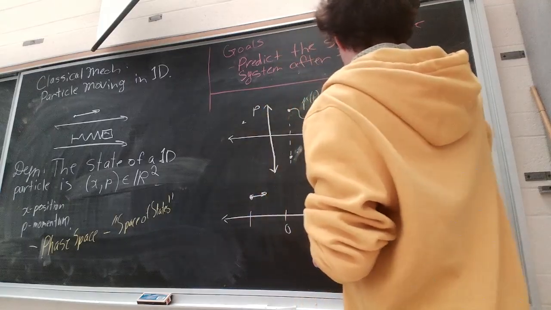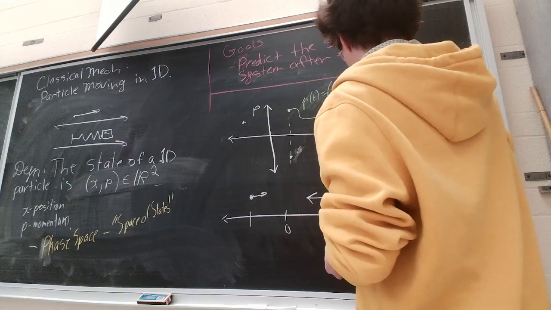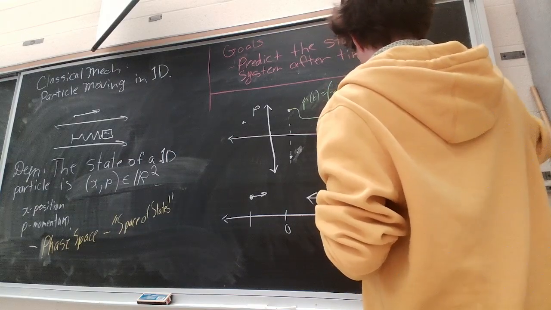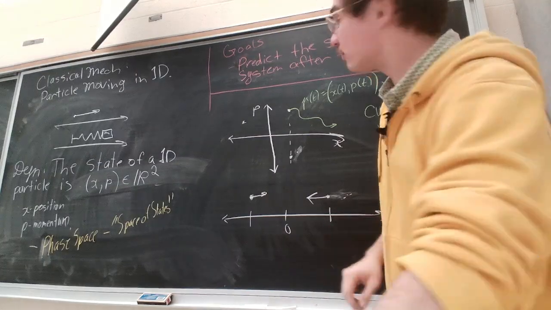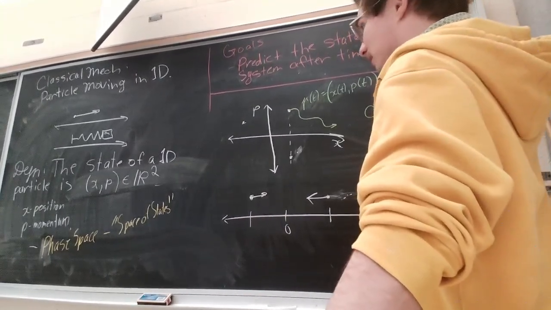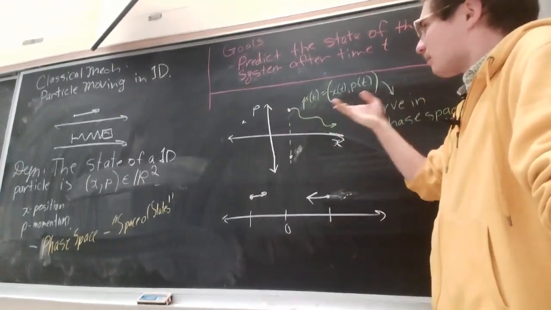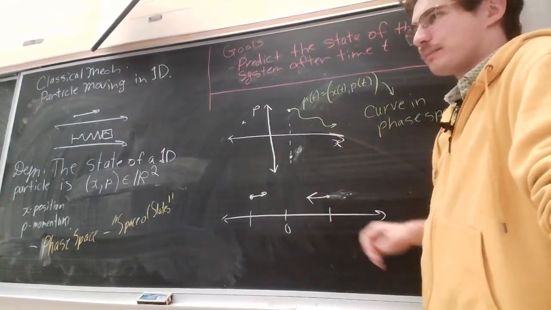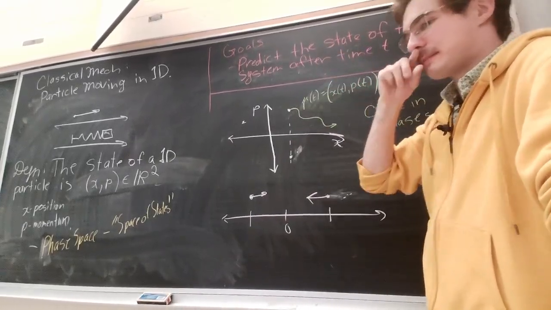So this will be a curve in phase space. Now we've rephrased the problem of predicting the state of the system after some time t as finding some particular curve in R2. These two problems are equivalent in some sense.